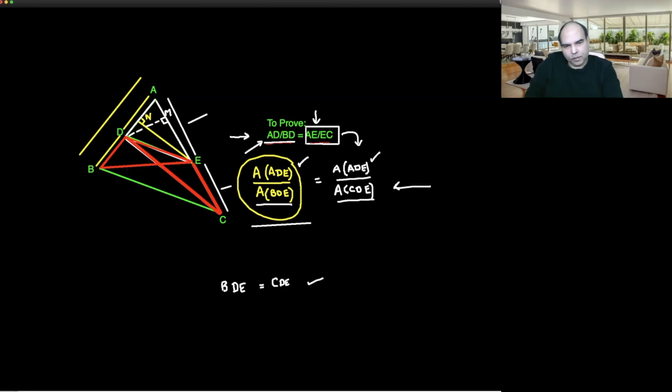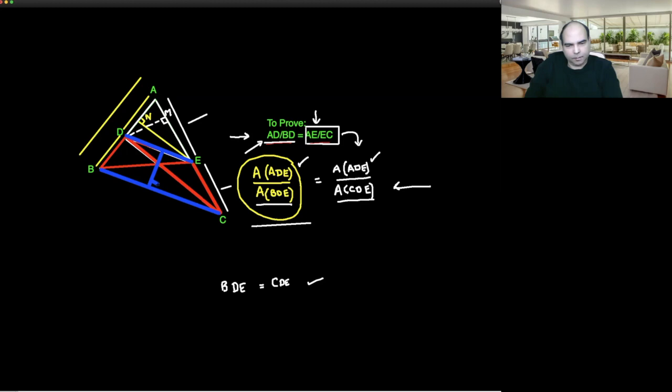And if you look at both these triangles, they have a common base. The common base is DE. And since DE and BC are parallel, the heights of both these triangles will be the same.